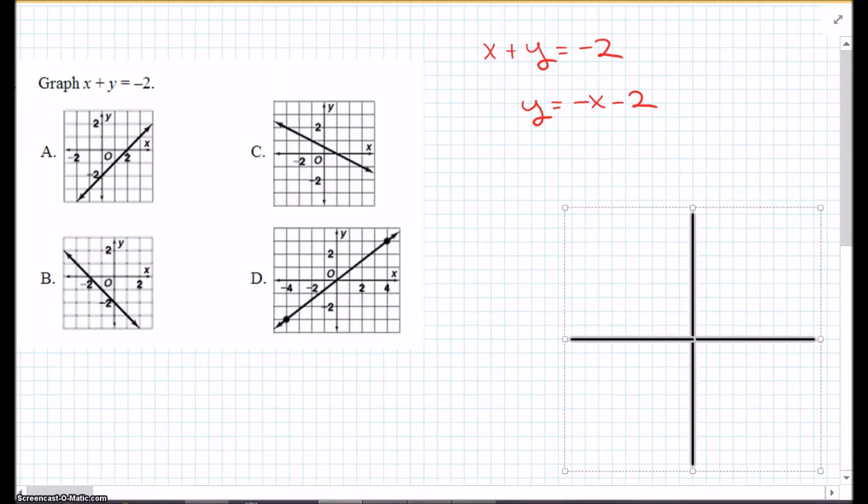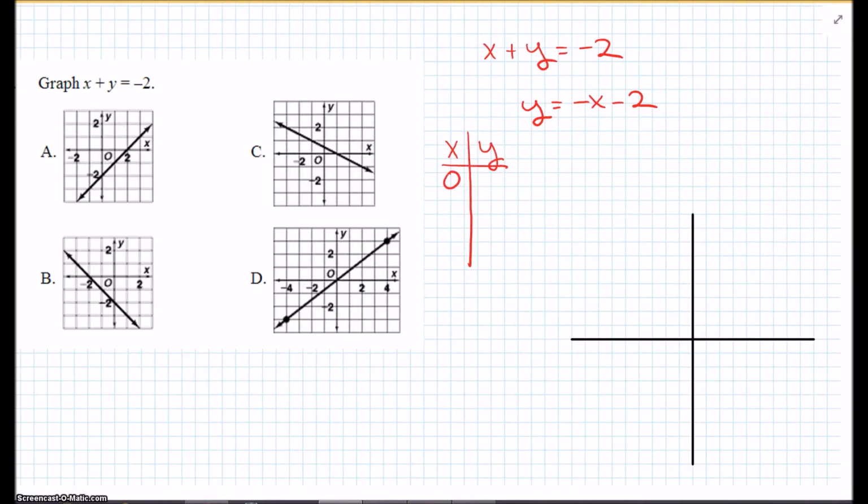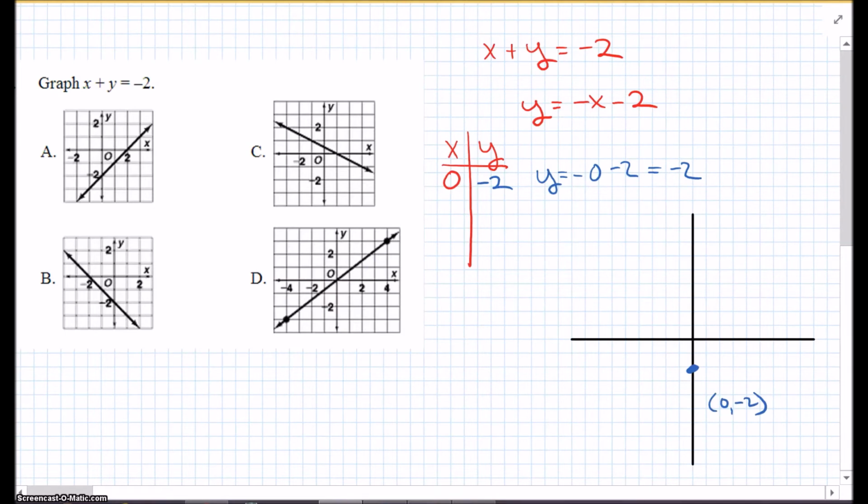Alright, so let's make our x-y table. When x is 0, we plug into the equation: y equals negative 0 minus 2, so it would just be negative 2. So that's (0, -2). What would be another number we could use?